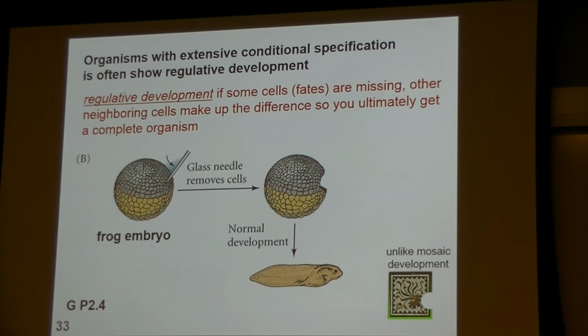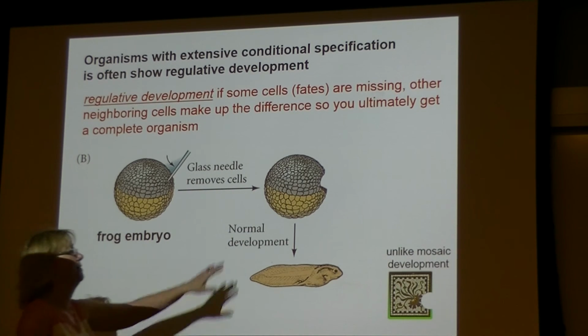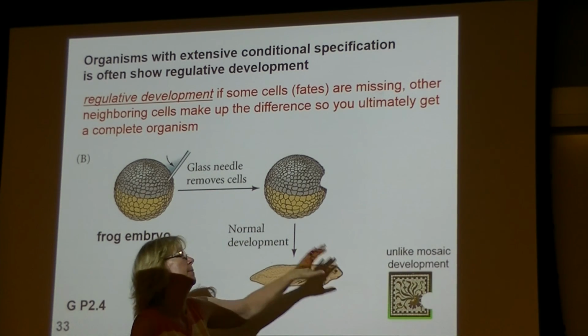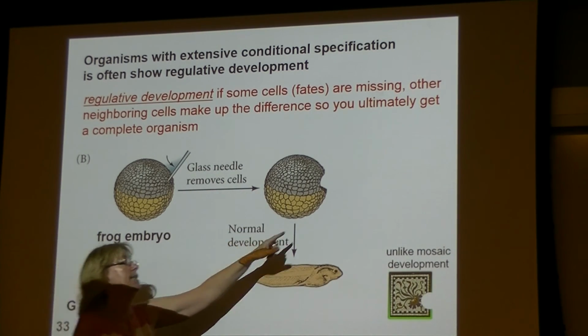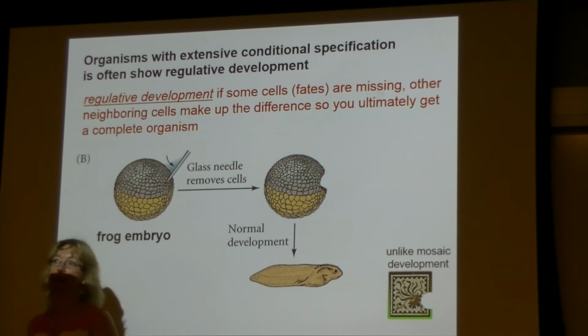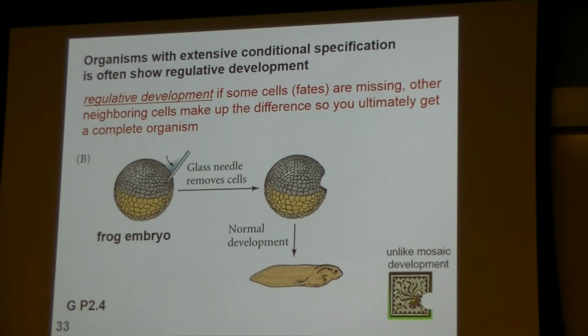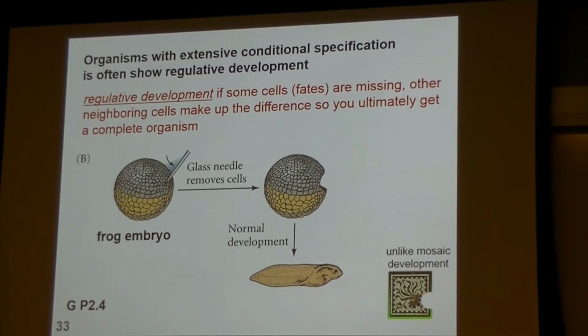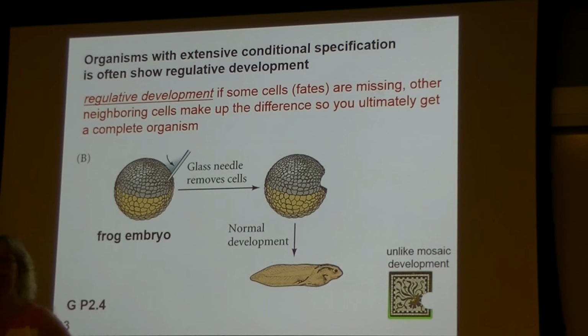We've just taken this needle and swapped out a few cells to create a missing chunk. Now, if this were a tile mosaic, that would be it. It would never be replaced. But in the case of the frog, these neighboring cells somehow sense this. They continue to divide, they reorder, work it out between themselves, have a discussion, and then they are able to fully reestablish those missing fates, and now you get a normal embryo that develops.